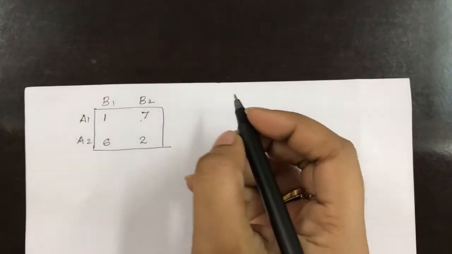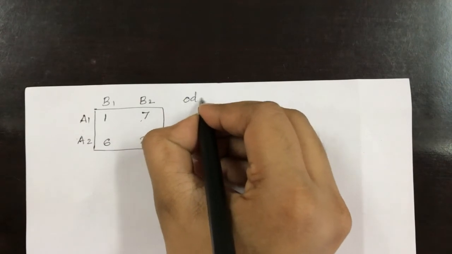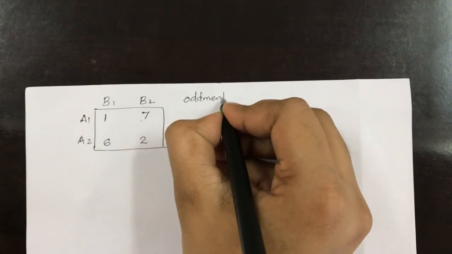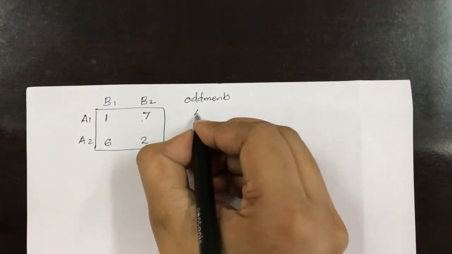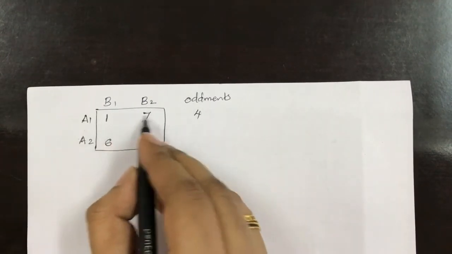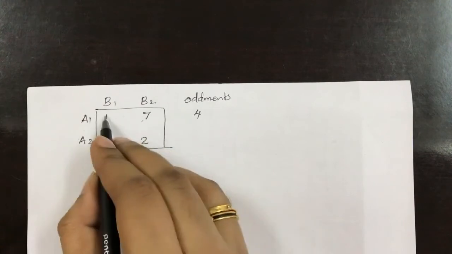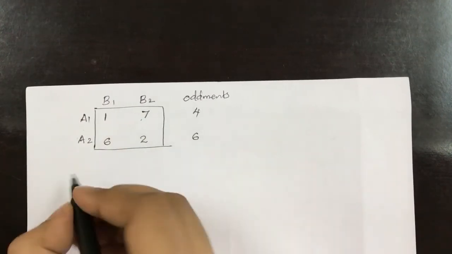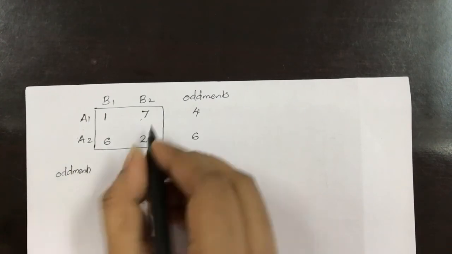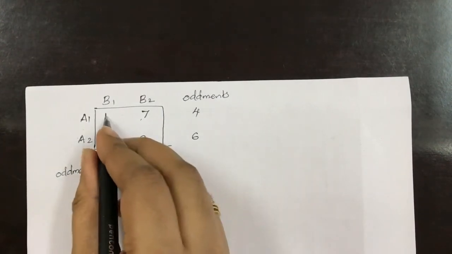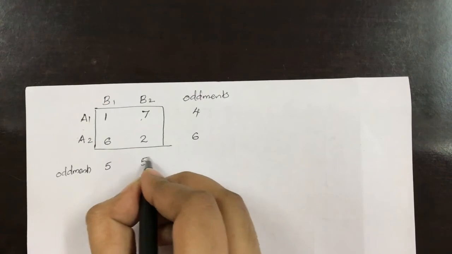Now we are going to find the oddments. For row 1, the difference between the values in row 2, 6 minus 2, that is 4. For row 2, the difference between values in row 1, 7 minus 1, that is 6. Similarly for columns, 7 minus 2, 5, and 6 minus 1, 5.